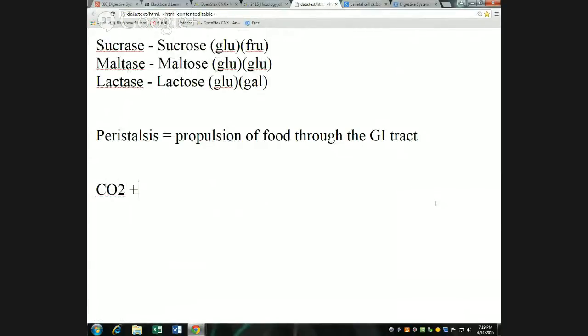Carbon dioxide plus water gives us H2CO3, carbonic acid. Now I put a double-sided arrow there because this reaction can run either direction depending on what you have more of.